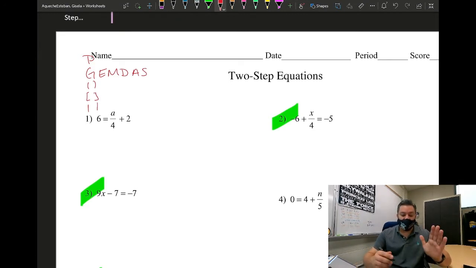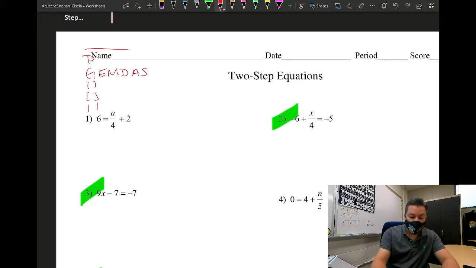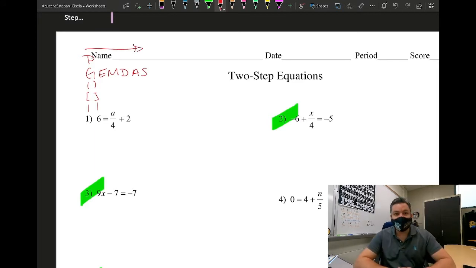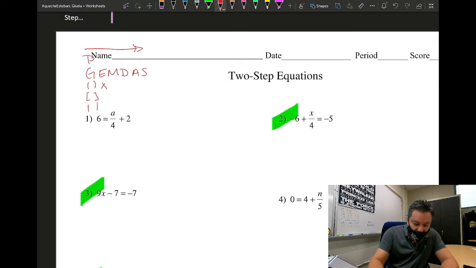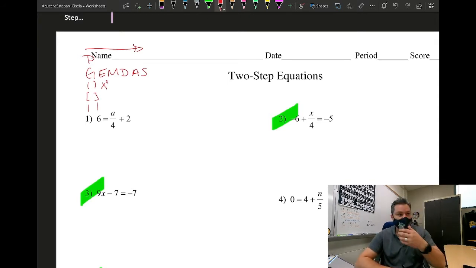By the way, this is how we solve equations, and we go in that order from left to right. Then the letter E stands for exponents. Exponents are the little numbers on top of the variable. It can be 2, 3, 4, 5, whatever that number is.